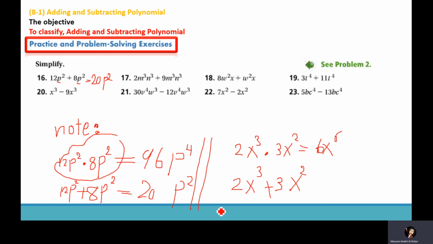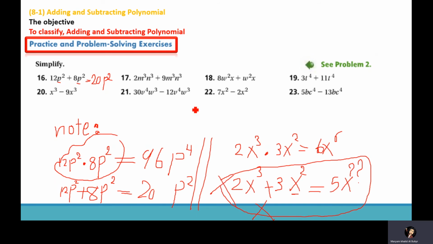But here, can I say this equals 5x to the power what? That's a big mistake. That's wrong. If you don't have the same power and the same base, which means like terms, you cannot add them or subtract them. Please be careful with this.